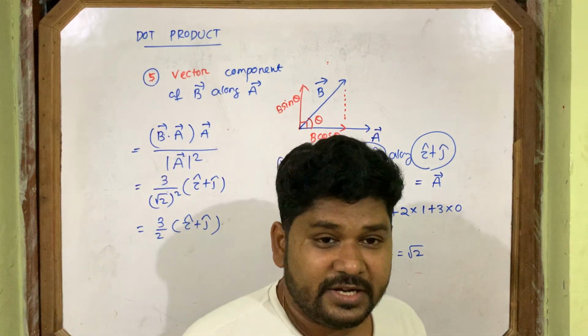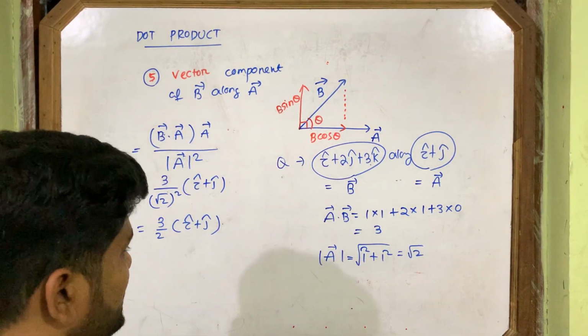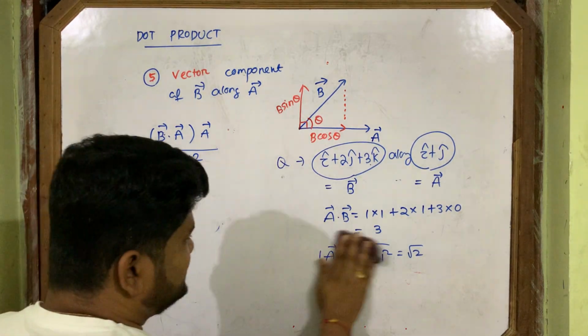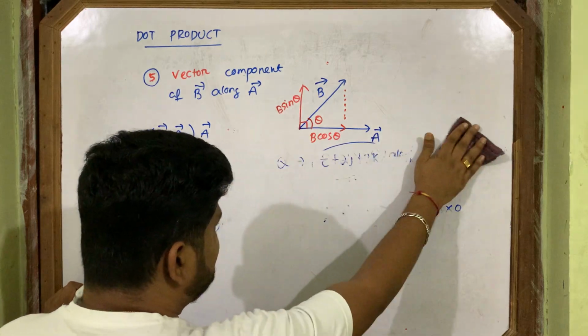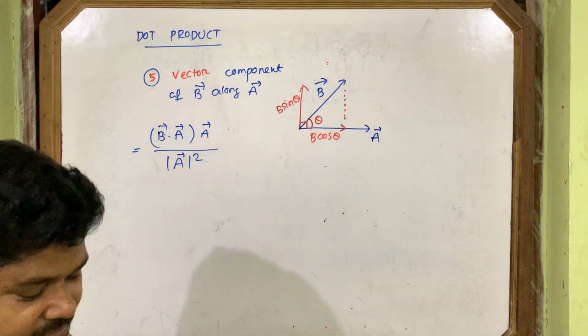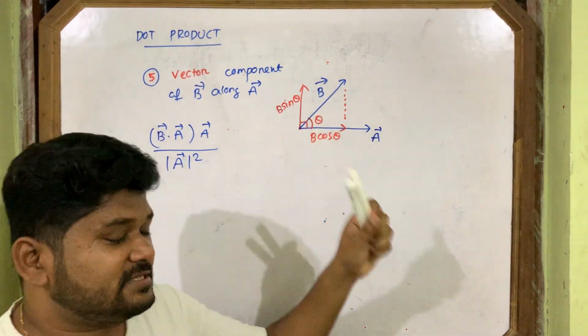The component of B vector which is perpendicular to A vector, how will you find that component? That component is B sin theta. A vector is given to you, B vector is given to you, but the angle is not given.